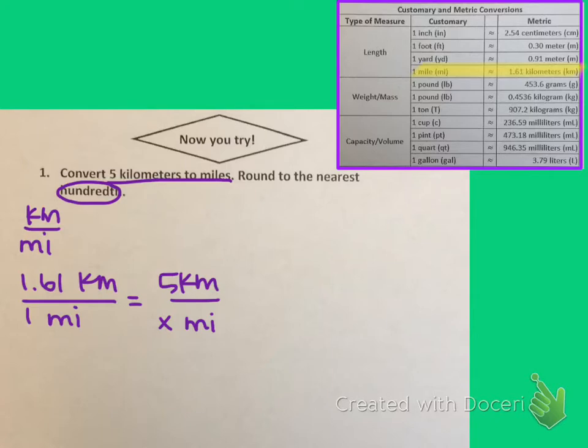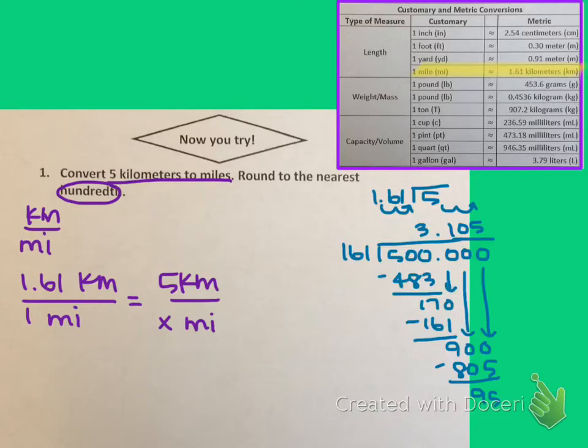So with a proportion, we know that they are 2 equivalent ratios written as fractions, and so I should be able to multiply or divide 1.61 by something to make it equal 5. I can't think of any whole number that I can multiply or divide by to make 1.61 equal 5, so we're going to have to do 5 divided by 1.61 to see what I can multiply 1.61 by to equal 5.